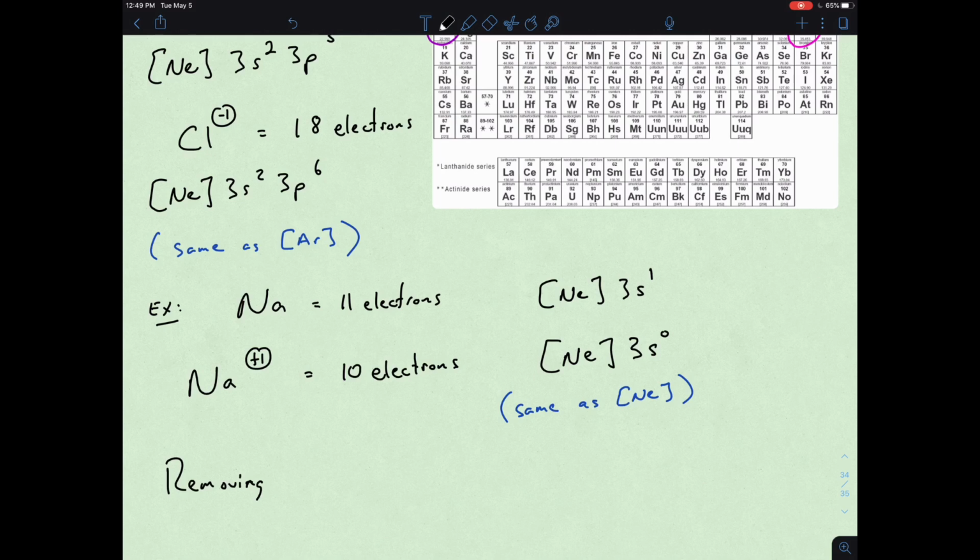There's a bit of a glitch, or I should say, a bit of a problem spot for students when we're talking about removing electrons from transition metals.